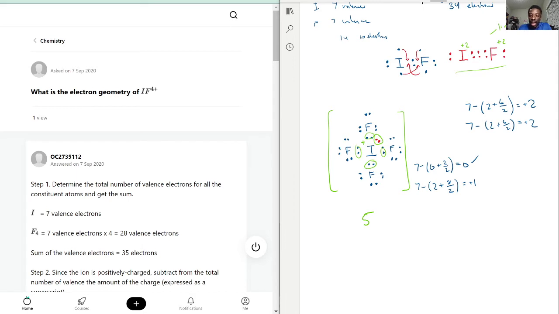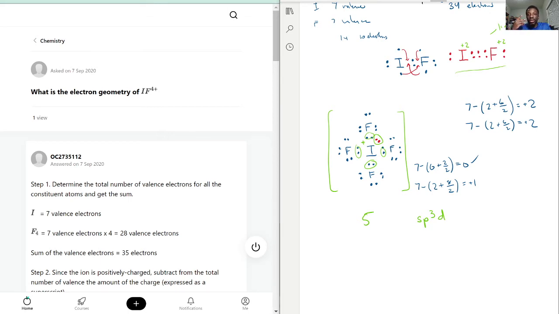And because of that, we know it's sp3d hybridized, okay? And I can say that because the S has 1 orbital which can fit 2 electrons, okay? P has 3 orbitals which each can fit 2 electrons, and the D has 5 orbitals which each can fit 2 electrons.